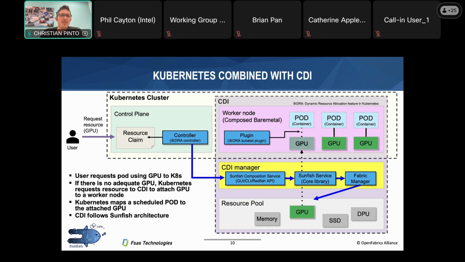Yes or no? If not, it will fulfill it. So this DRA component is interfaced with Sunfish, and will use Redfish to communicate to Sunfish that it needs a GPU on this specific node so that the pod can be executed on it.